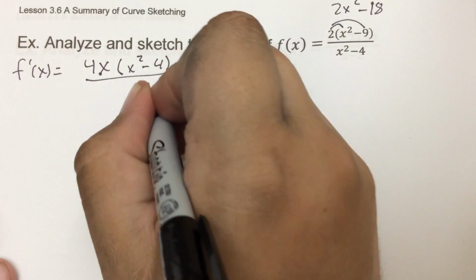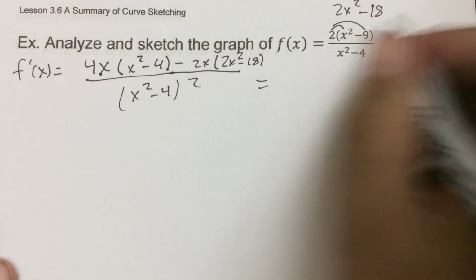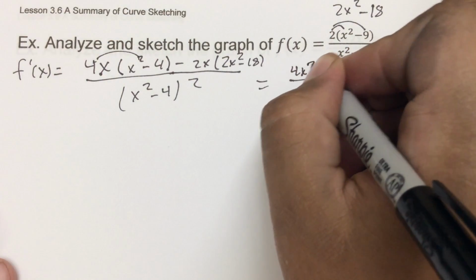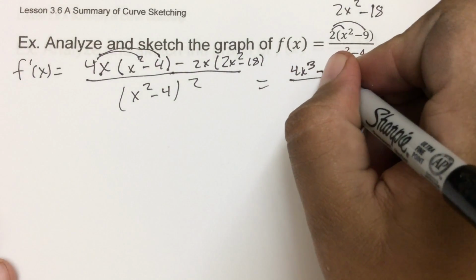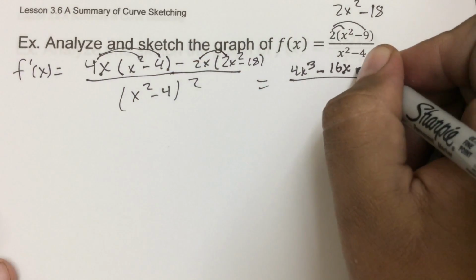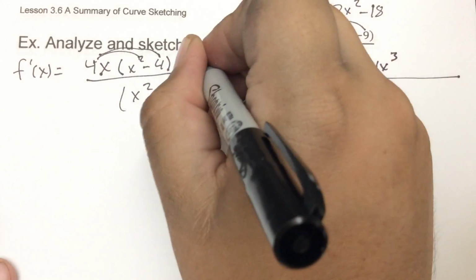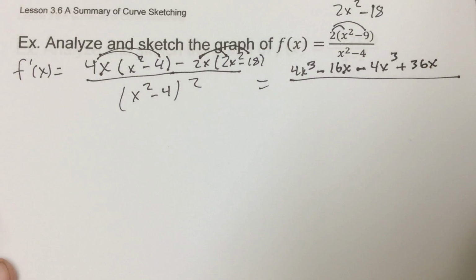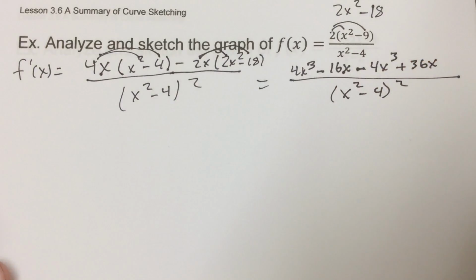The bottom is just squared, so x squared minus 4 squared. So when we put stuff together, 4x and x squared would be 4x cubed. 4x and 4 would be minus 16x. Negative 2x and 2x squared would be a minus 4x cubed. And negative 2x times negative 18 would be a plus 36x over x squared minus 4 squared.